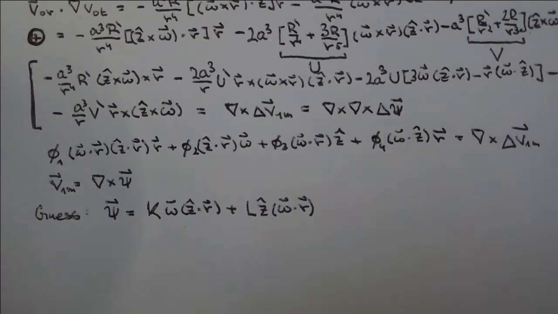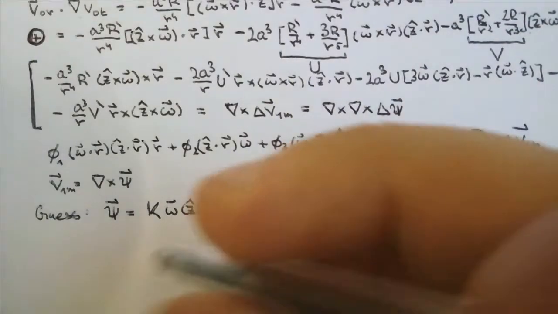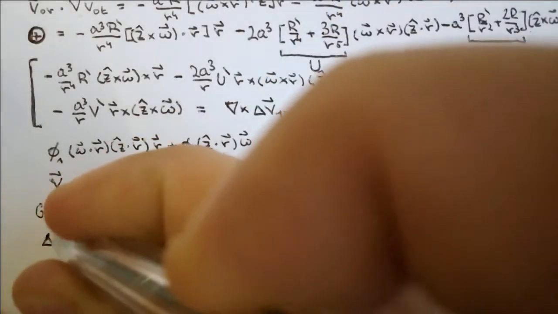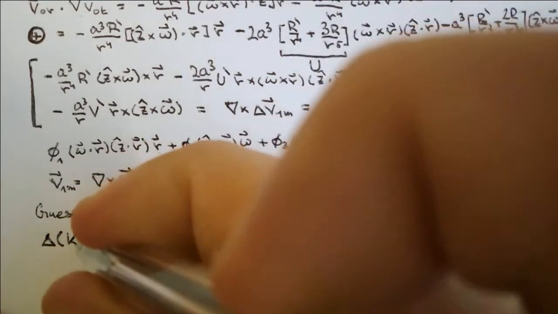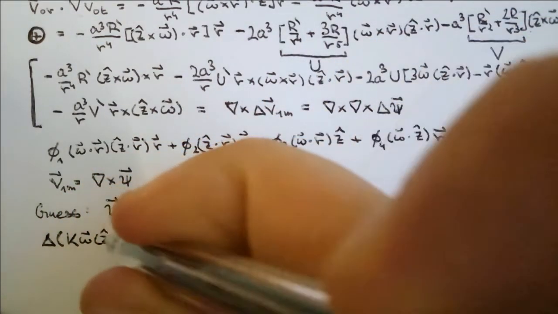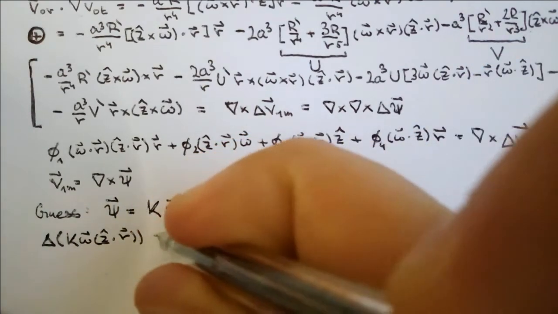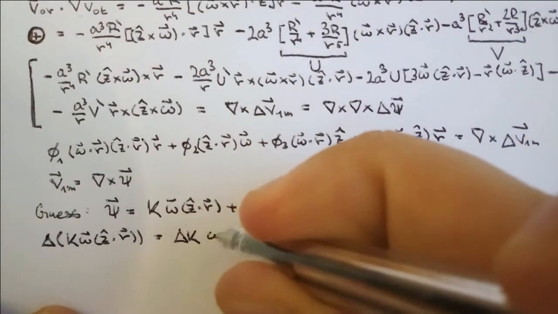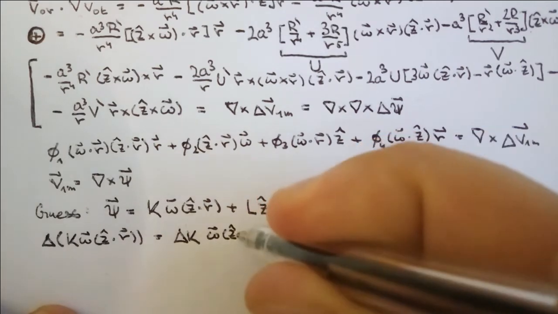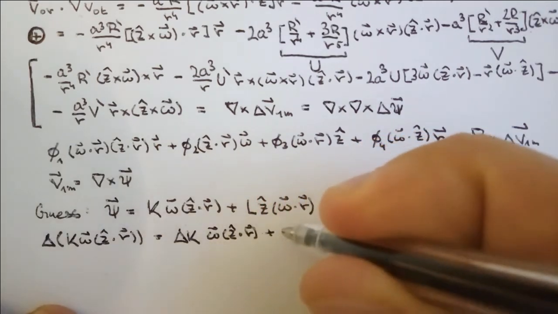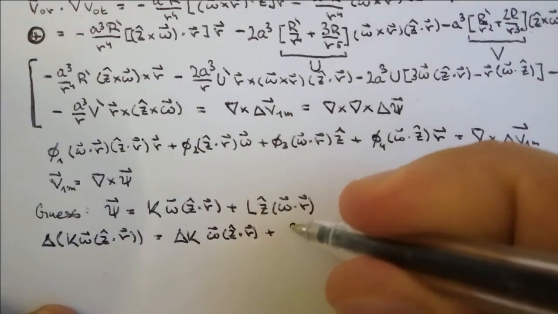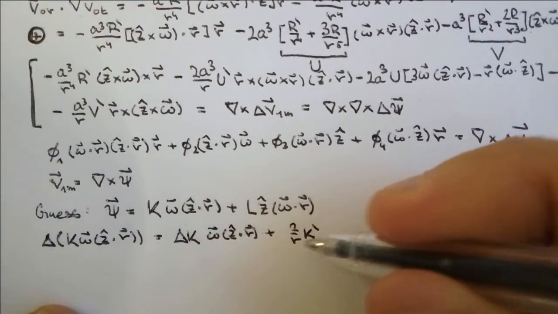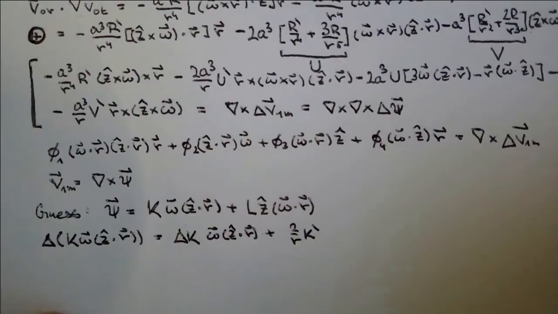These are constant vectors. So let us first compute the Laplacian of just this part, Laplacian of k omega z hat dot r vector, and as you know it's Laplacian of k, then this plus 2 times gradient dot gradient, so it's 2 over r k prime. 1 over r is there because we are dealing not with r hat but with the position vector r.